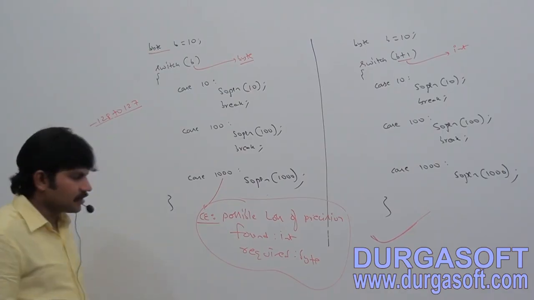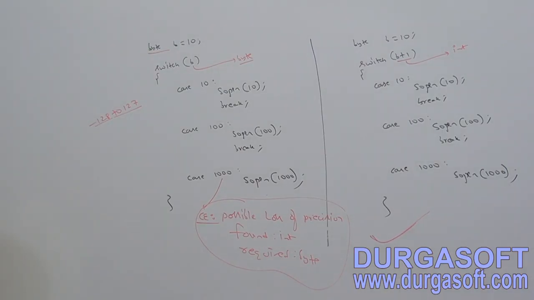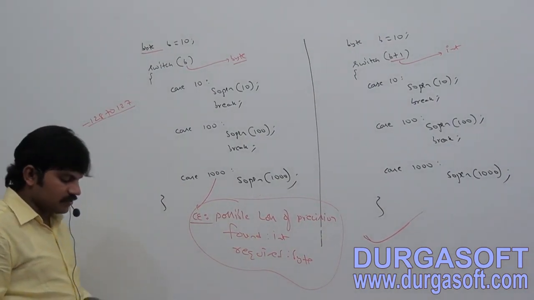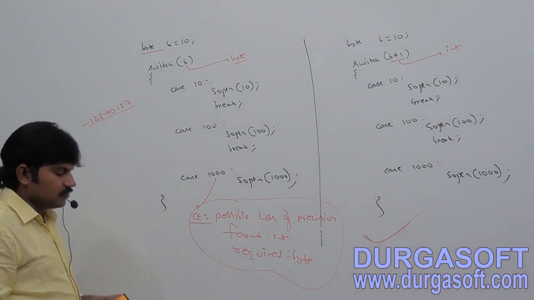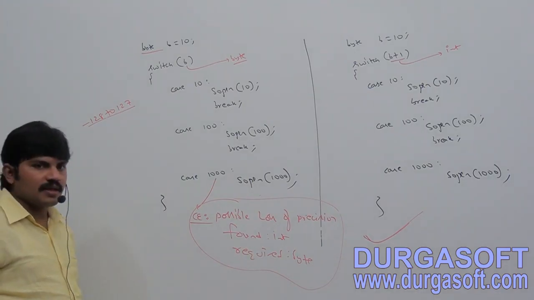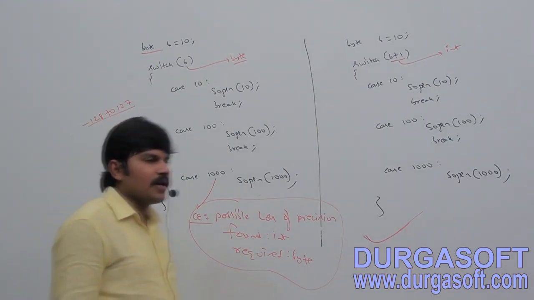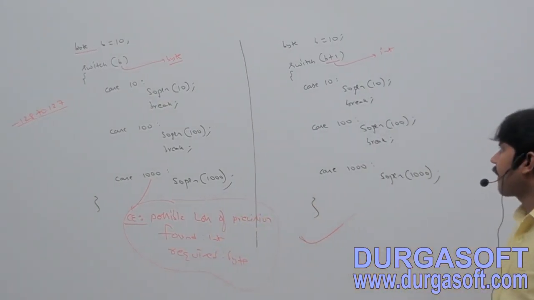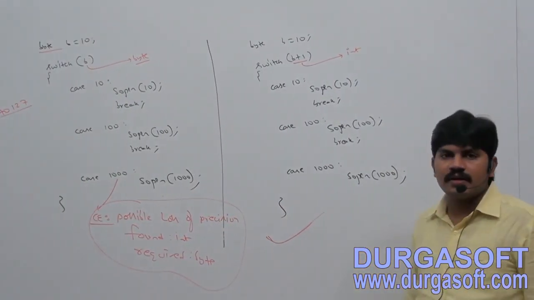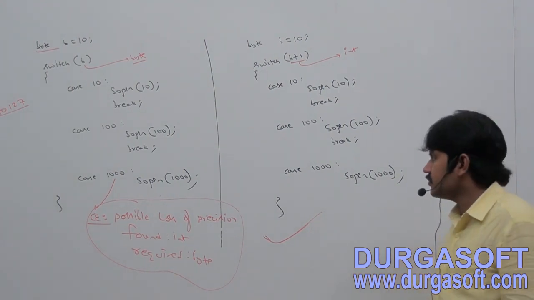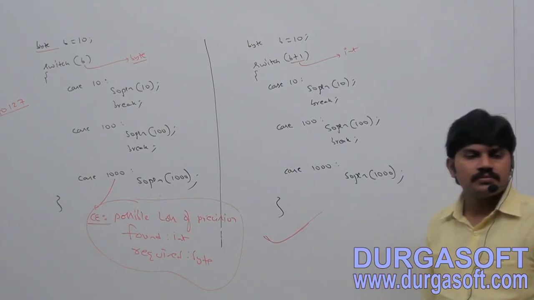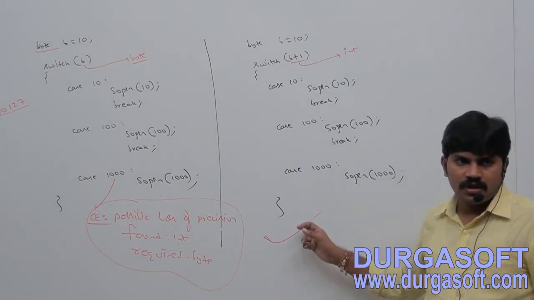But the second one: byte b is equal to 10, switch of b plus 1. Case 10, SOP of 10, break. Case 100, SOP of 100, break. Next case 1000, SOP of 1000. Clear, I hope.